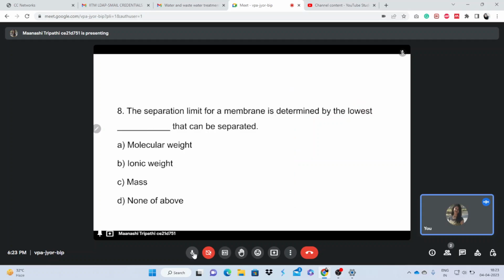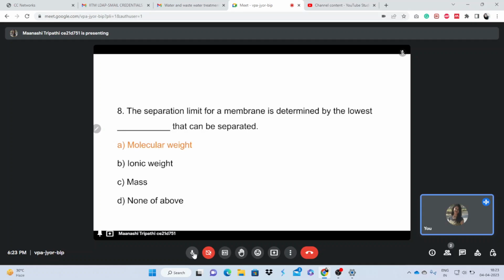Next question is, the separation limit for a membrane is determined by the lowest value that it can separate. When we talk about membrane filtration, we determine in terms of a particular value that this is the maximum size it can separate or not. So in what terms can a membrane be rated? Molecular weight, ionic weight, mass, or none of the above?